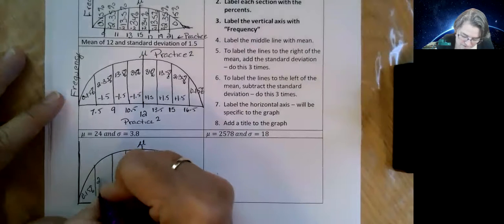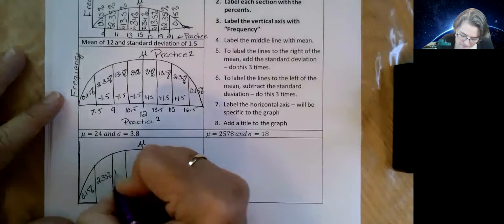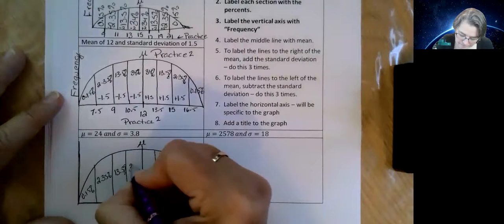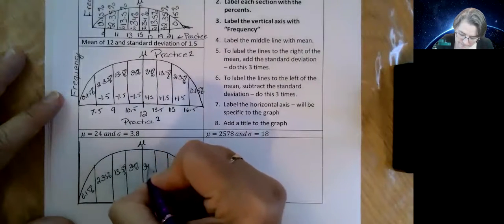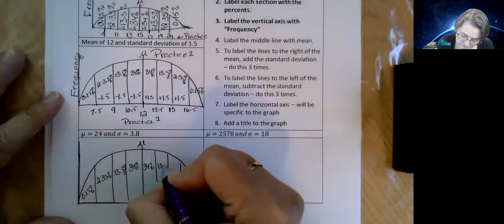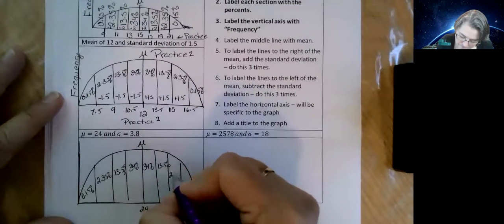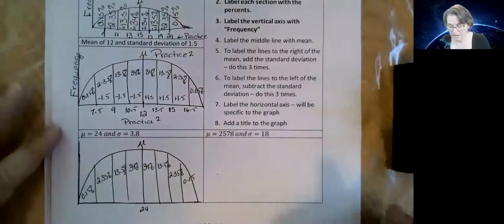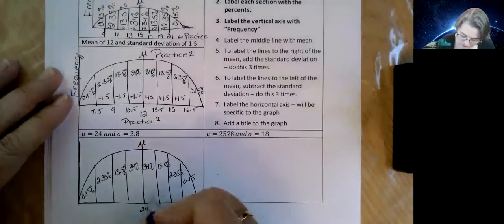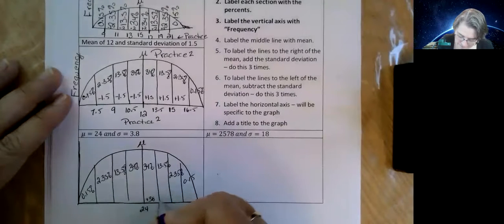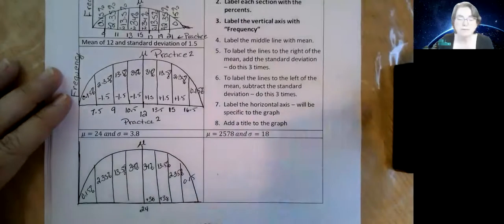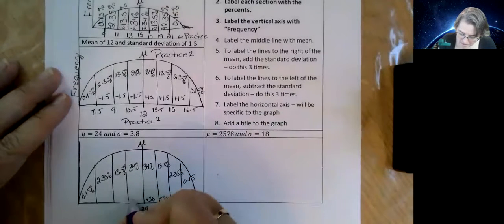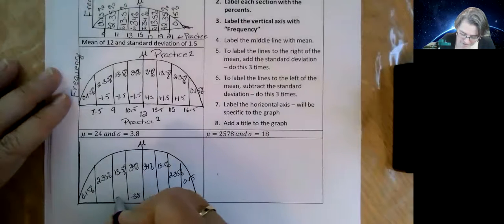0.15%. There. Okay, so now I'm going to need to go plus 3.8, plus 3.8, minus 3.8, minus 3.8.